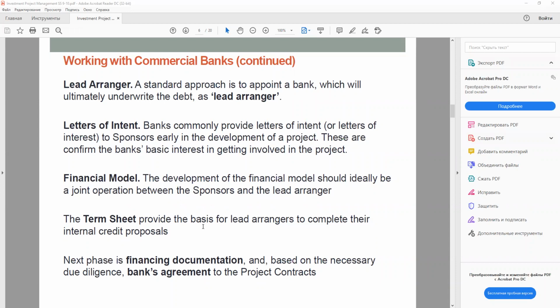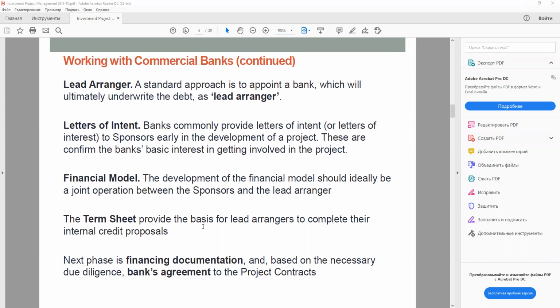Alternatively, the sponsors may collect a number of such letters from different banks. Letters of this nature provide the sponsors with initial reassurance that the financing market is interested in their project and help to give the sponsors credibility with other prospective project contract counterparts, such as fuel suppliers, product purchasers, contracting authorities, etc. Such letters should not be regarded as a legal commitment on the bank's part.